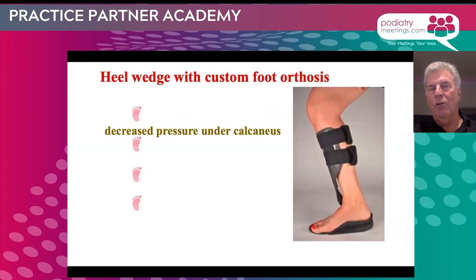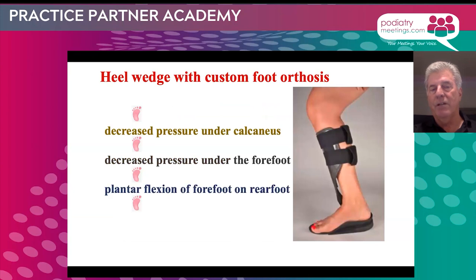So combining a heel wedge with a custom foot orthosis would help reduce pressure under the calcaneus and the forefoot, and it would allow us to plantar flex the entire foot and reduce strain on the Achilles. And that would be desirable if we're trying to treat chronic plantar heel pain and, of course, Achilles strain.